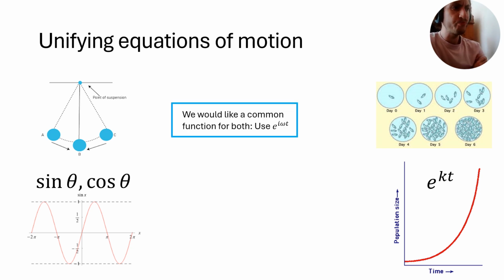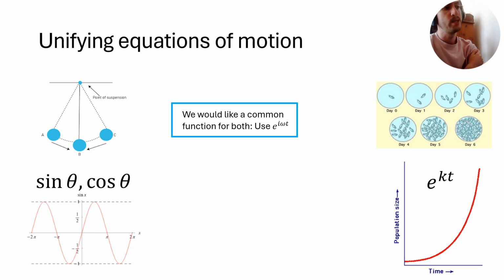However, we can unify both by thinking that both are specific cases of combinations of e to the i omega t and e to the minus i omega t.